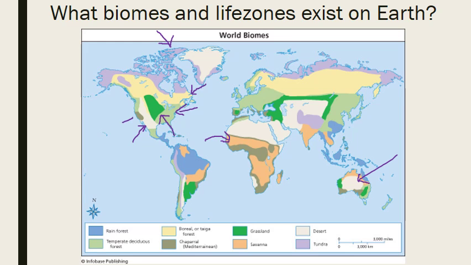Next, we have what's called the chaparral. The chaparral is an area that's a transition period between a desert and another biome. They're common along coastal areas, especially in the Mediterranean. So if you look here, Italy, Greece, Turkey, those areas are really common with this chaparral kind of biome.